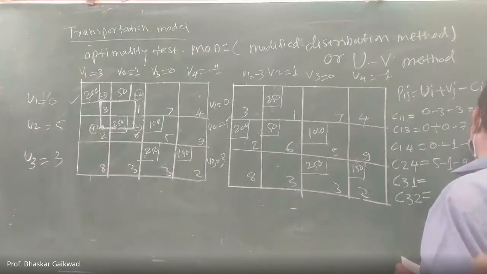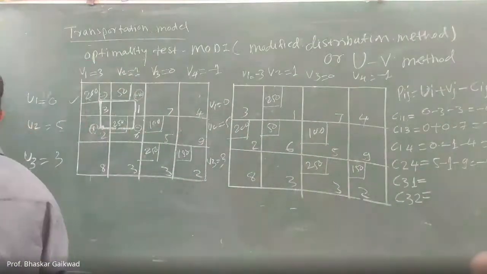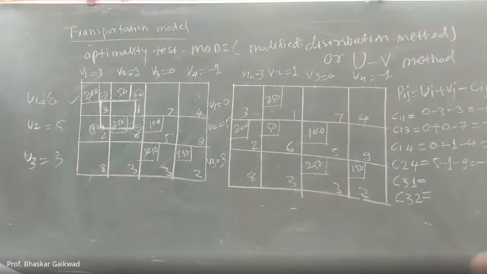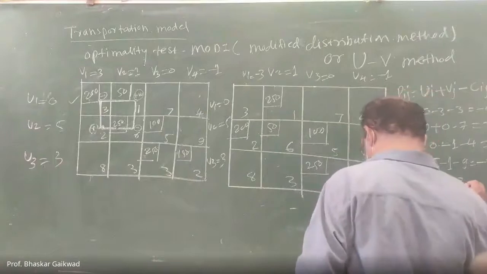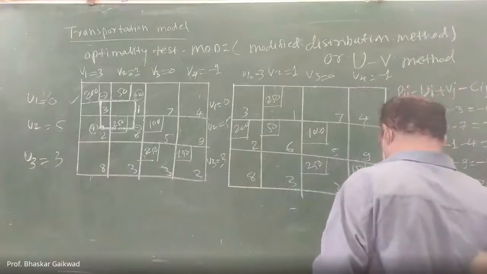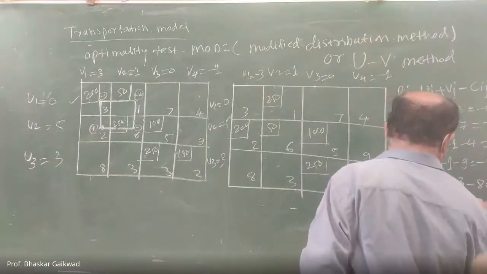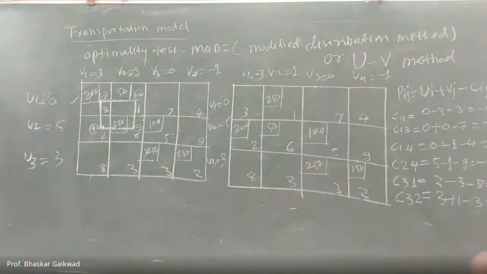Minus 4. Minus 5. Next 3 minus 3, minus 3. Last one, 2 plus 1 minus, so 1.